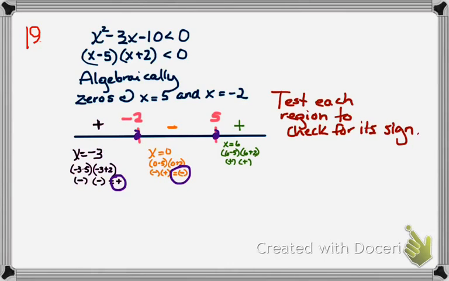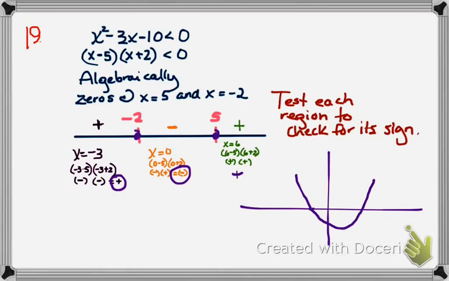If I test it after 5, then my output is a positive. And so the region in which this parabola is negative, in other words, where it falls below the x-axis, is between -2 and 5. And that is how you would answer that question.